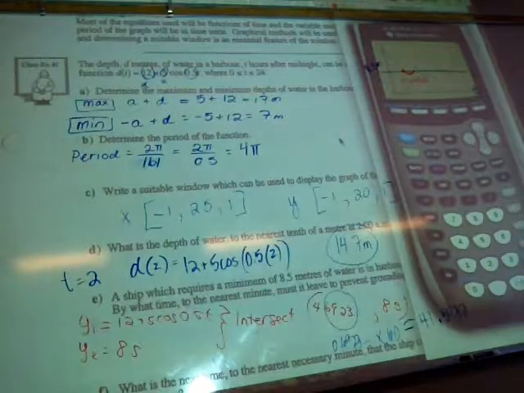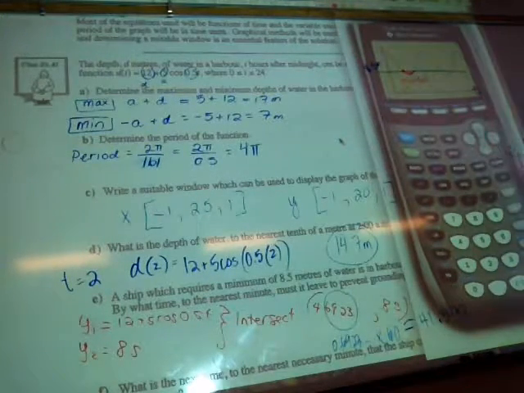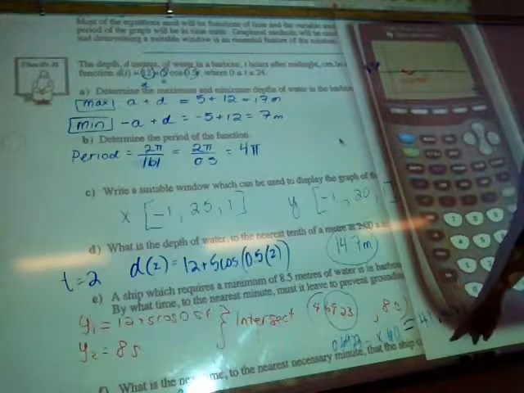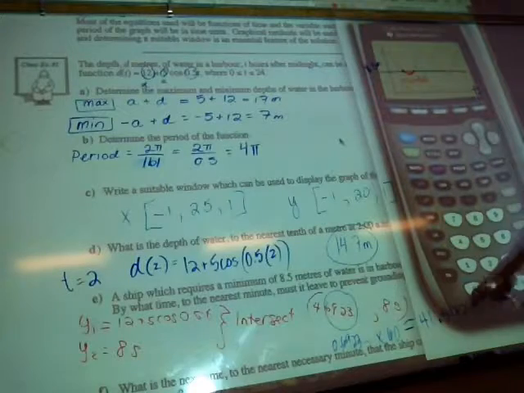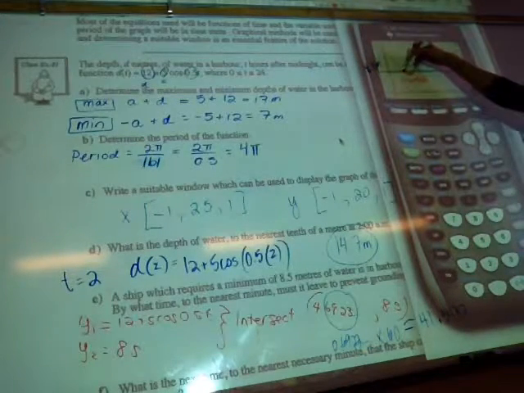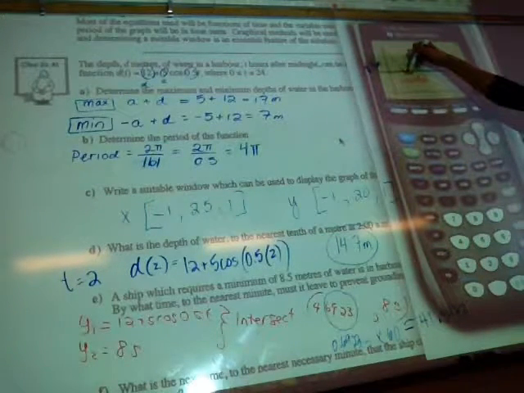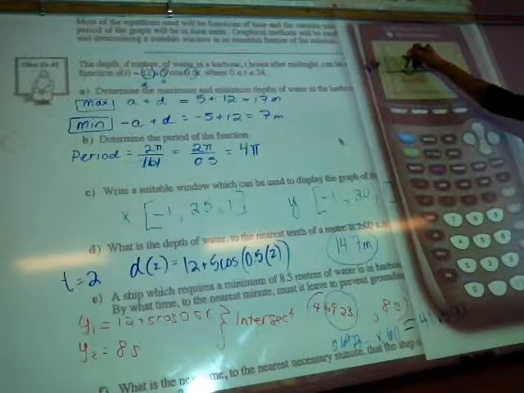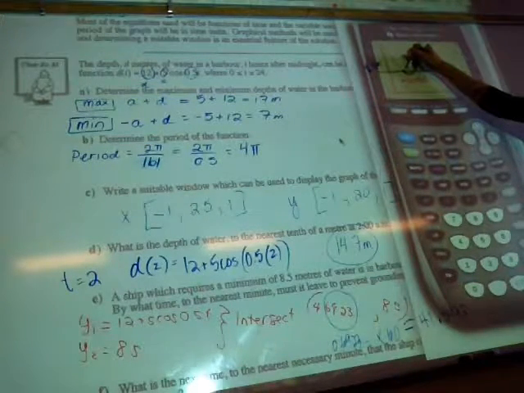So they want us to round to the nearest minute. Now, if I round to 42 minutes, because that's typically how we would round a number, round up when it's 5 or more, if I went to 4:42, that means I'm in the grounded zone. So we wouldn't have enough water for this boat.